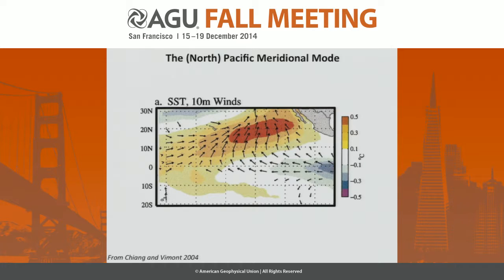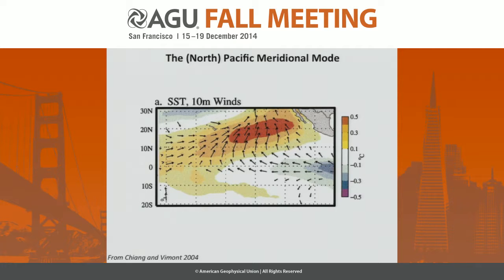You see that you get a similar pattern of SSTs in that you get warming here in the subtropics. This is Hawaii here, just to give you a reference since I left the longitudes off. So you get warming near Hawaii, you get winds associated with that, and then you get opposite signed SSTs in the eastern Pacific. This has been suggested as being able to impact ENSO in the same way, with similar processes as the seasonal footprinting mechanism.